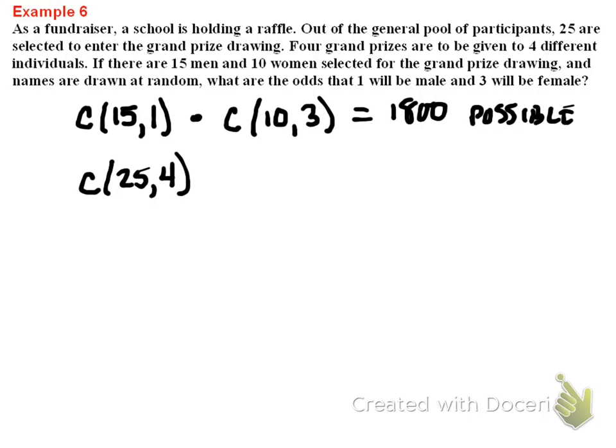Well, I crank that out, and that comes out to 12,650. That's a lot of combinations. So now, if I was just looking for probability, it would be 1,800 over 12,650.